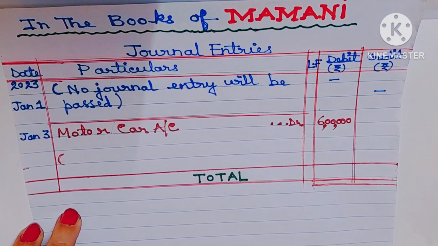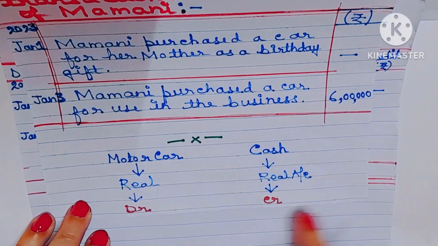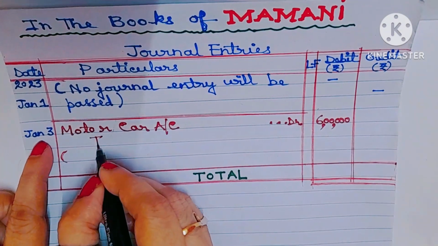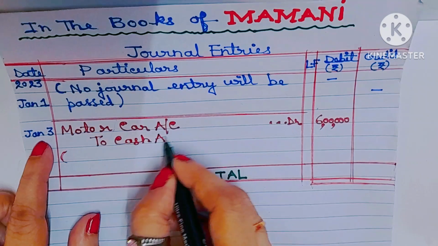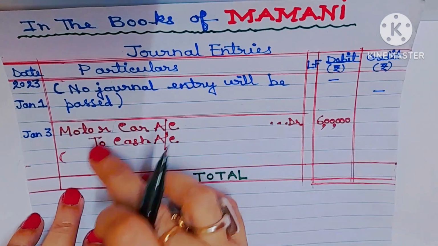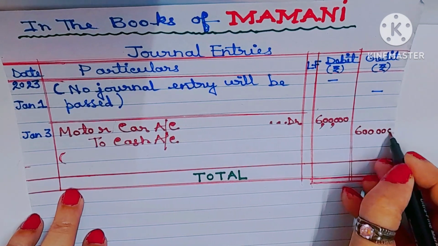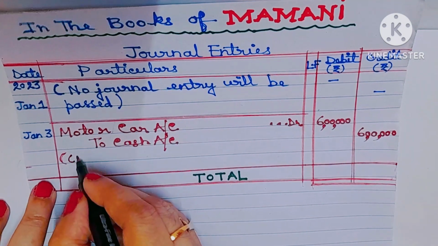And which account is credit? See, cash account, credit. So you leave a little space and then you write To cash account. We don't have to write credit here. To means credit. So we'll write 6 lakhs in the last column for the credit account. And now we have to write narration.